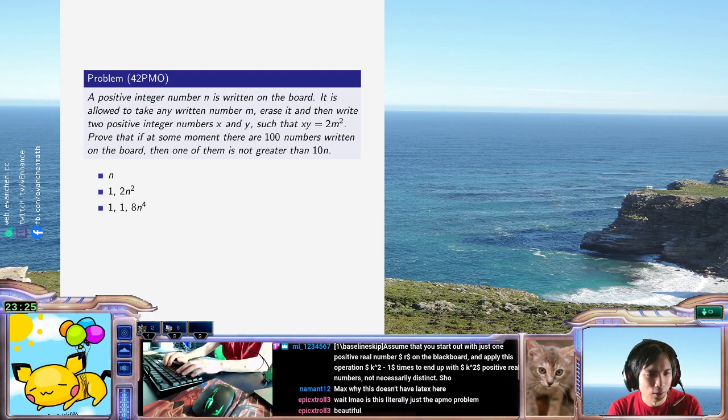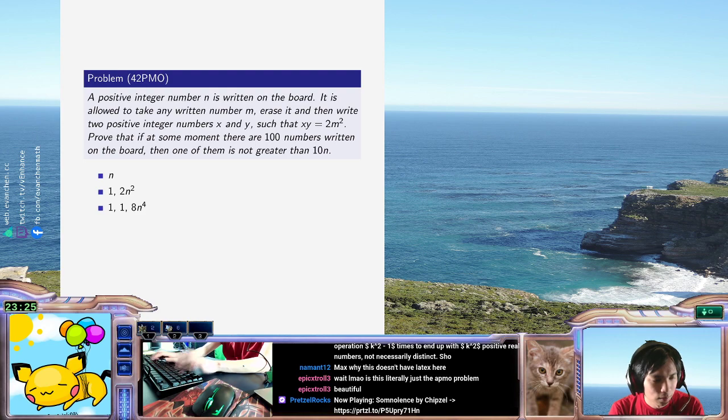Oh, okay. So like log. I need like some very concave function. What's my very concave function?